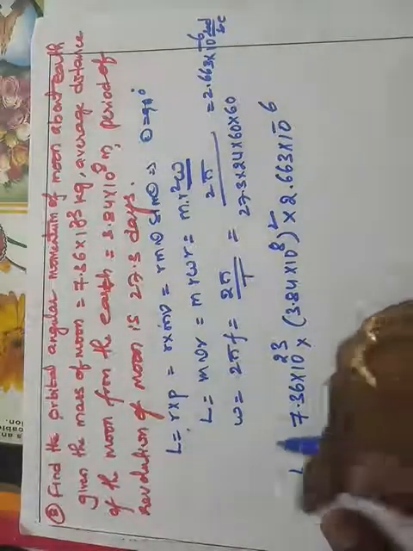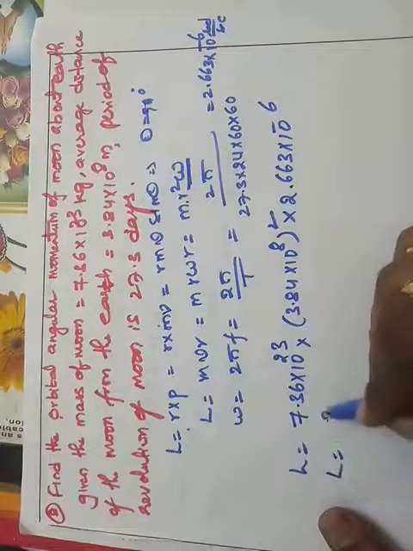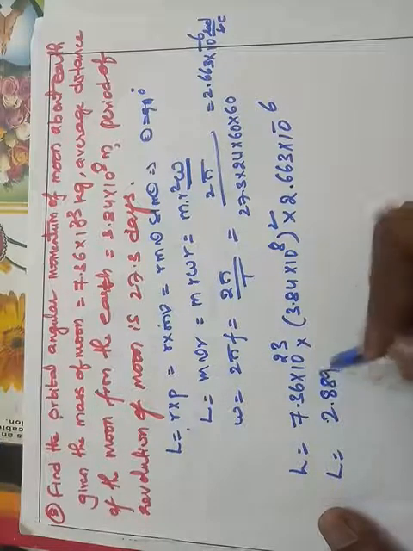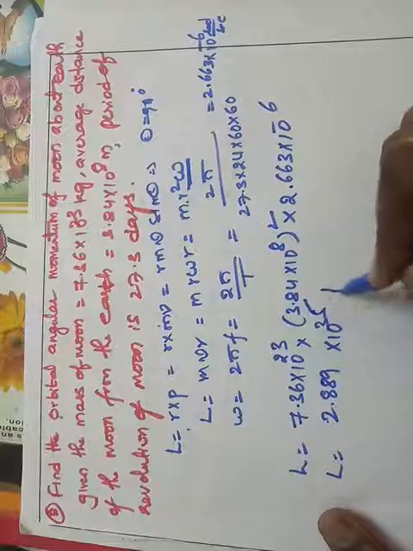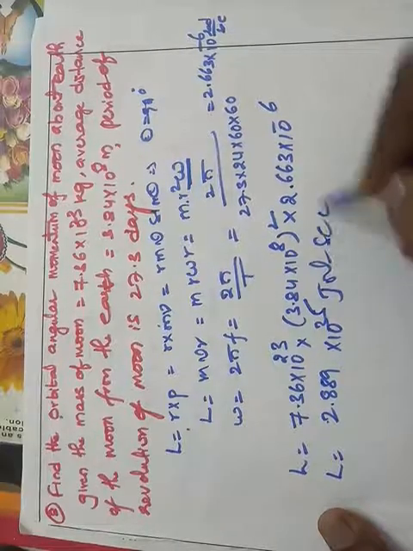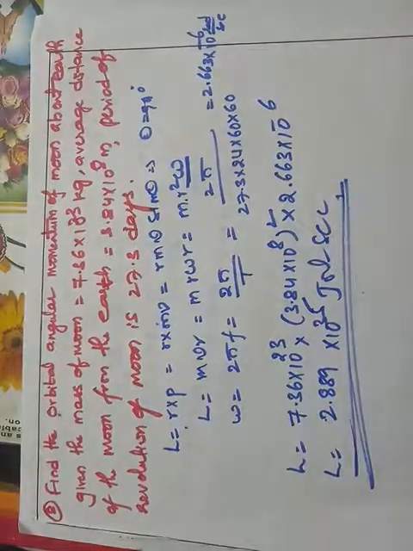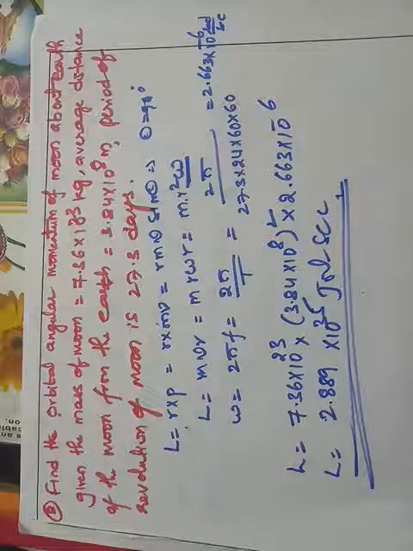Solving this, we'll get L is equal to 2.889 into 10 to the power of 34 joule seconds. So this is the orbital angular momentum of the moon about the Earth.